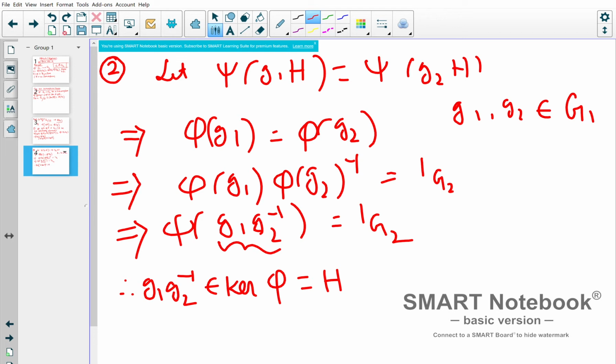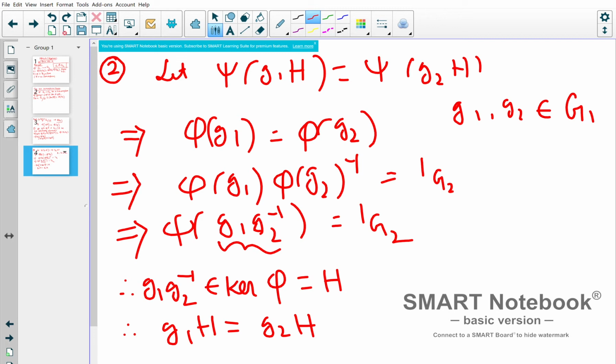So G1 G2 inverse belongs to H. Thus it means that as cosets G1 H and G2 H are equal, right? Clear? Because the cosets are equal if and only if G1 inverse G2 belongs to H. So as cosets they are equal. Clear? So this is fine.